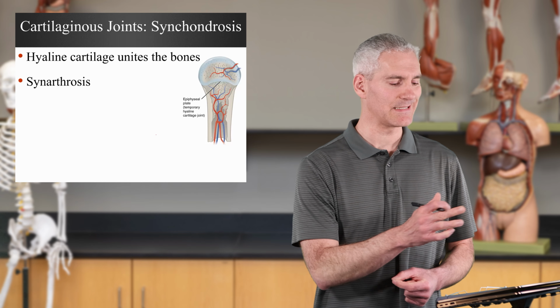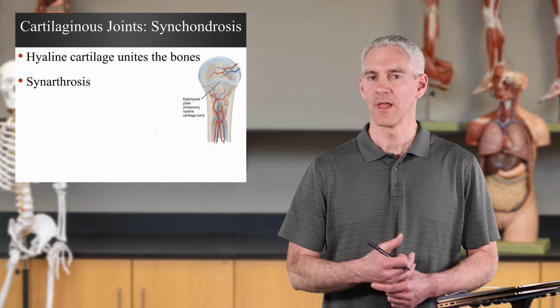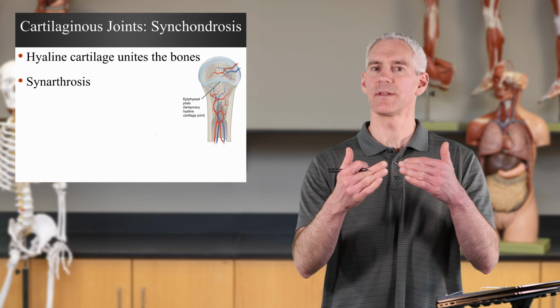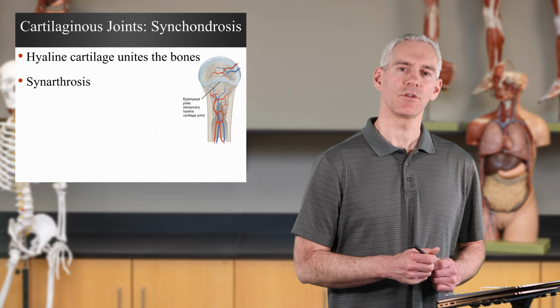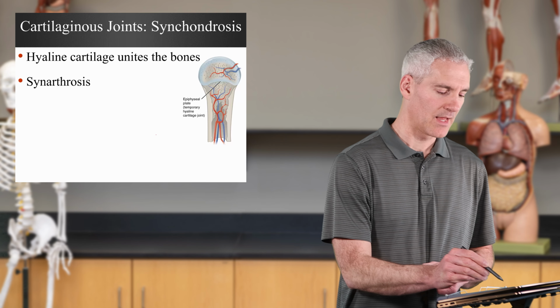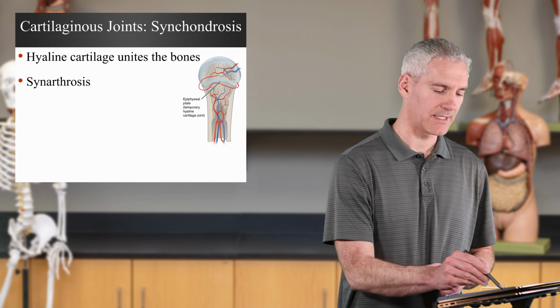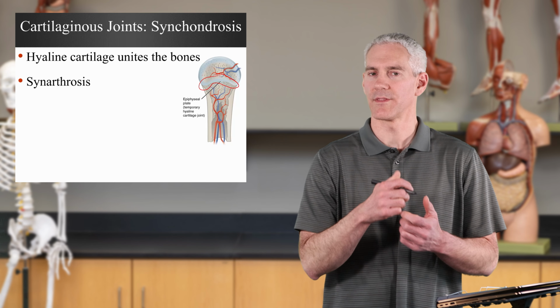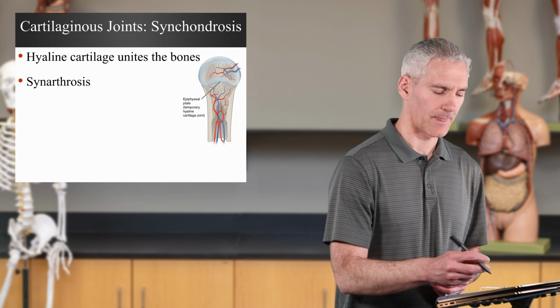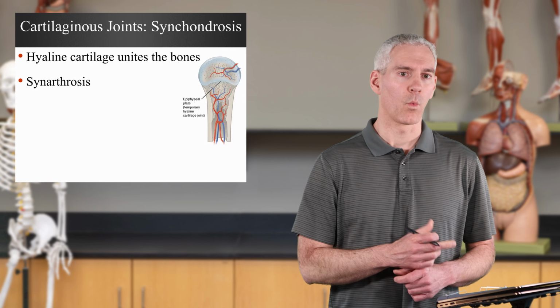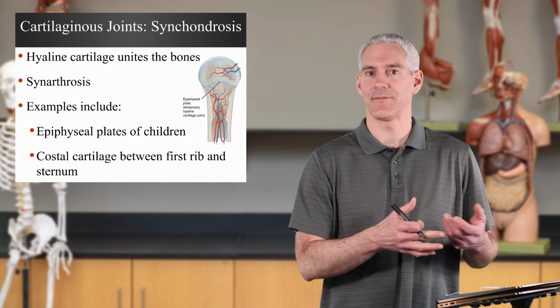First one up is the synchondrosis. Synchondrosis is one of the subcategories of cartilaginous joints. When you start looking at the synchondrosis, it's this hyaline cartilage right here that's helping to hold this bone together. If you're saying, well, hold on, that's the epiphyseal plate, very true. One of the examples is going to be the epiphyseal plate.